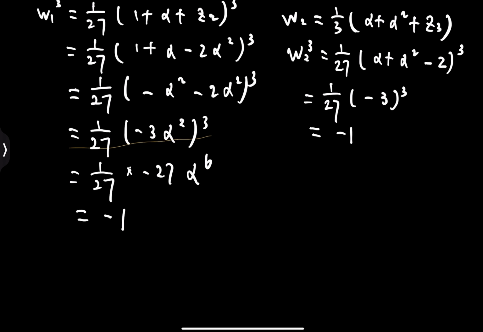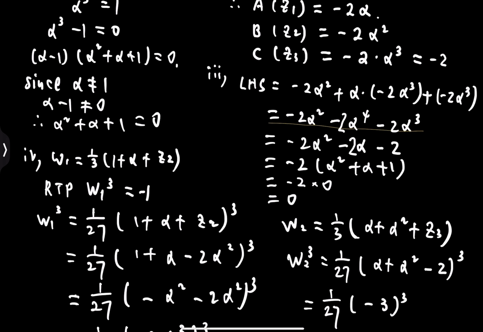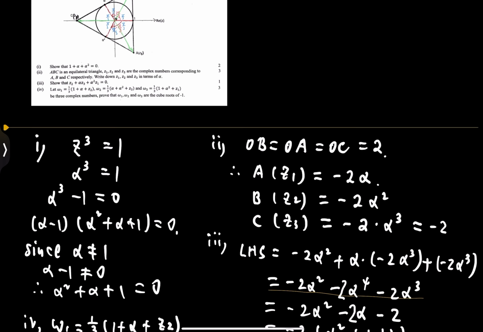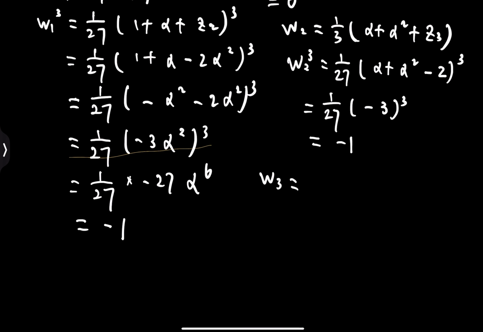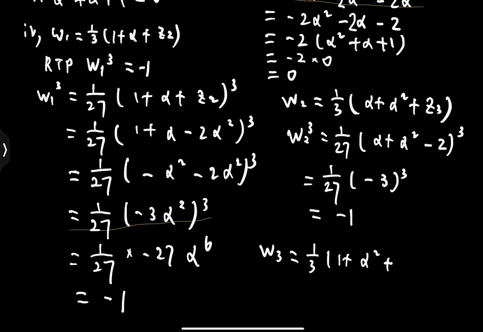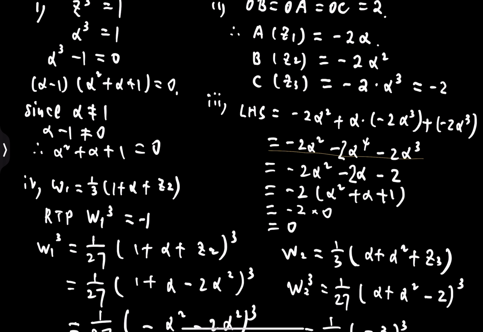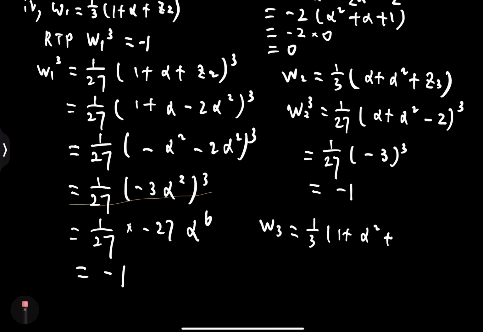So let's have a look at the last one. W3 is equal to, let's have a look at the question, 1/3 of 1 plus alpha squared plus Z1. And the Z1 we had before was equal to negative 2 alpha.